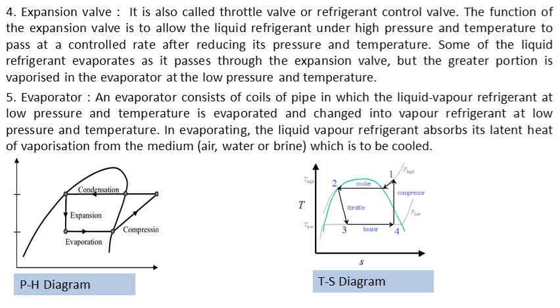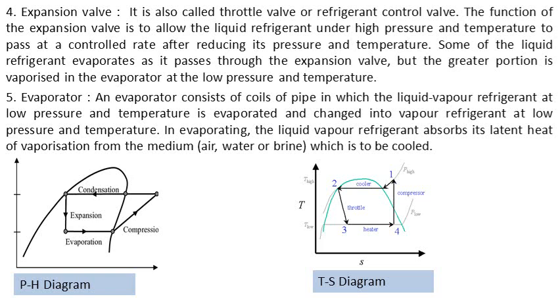Now 1 to 2 is the compression process in which the refrigerant gets compressed, means the temperature and pressure of the refrigerant also increase as shown in the figure.